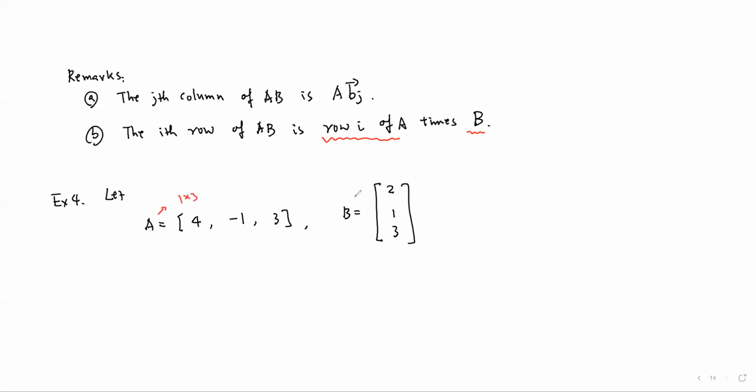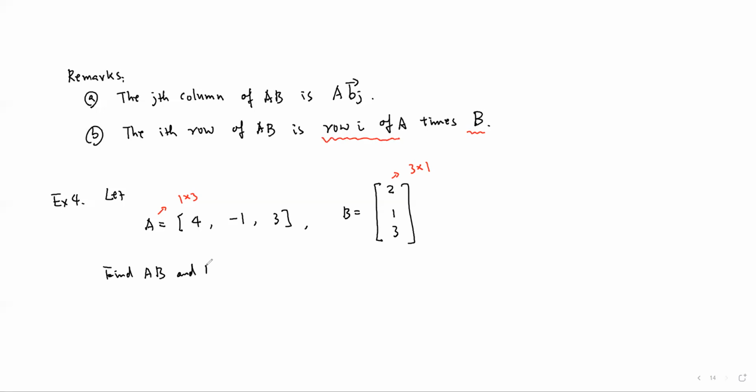Now the question is, find A times B and B times A. A times B is computable because the number of columns of A and number of rows of B match. So the result is a 1 by 1 matrix.